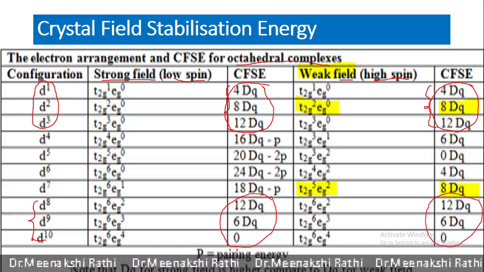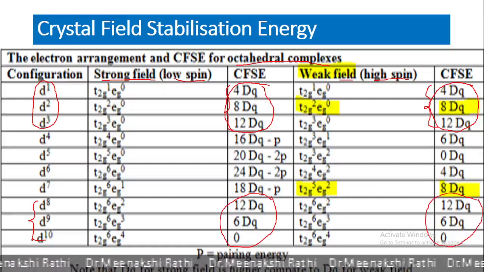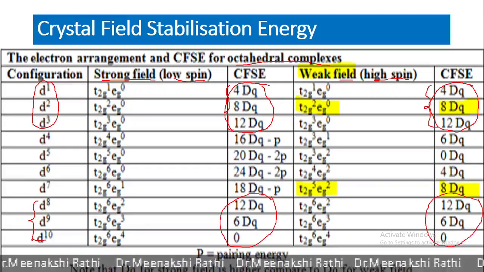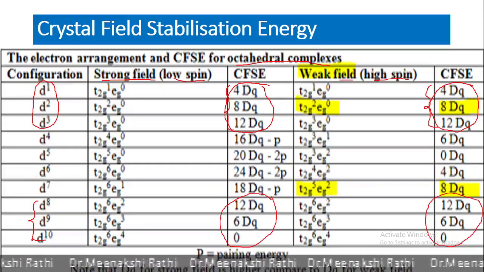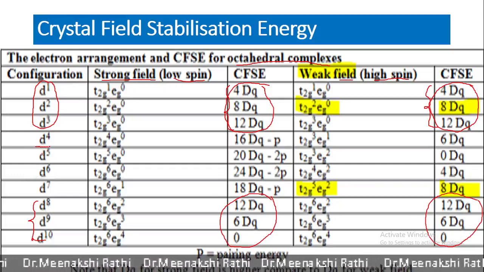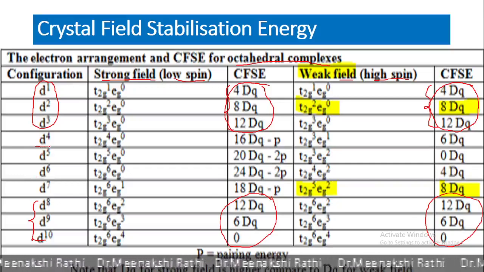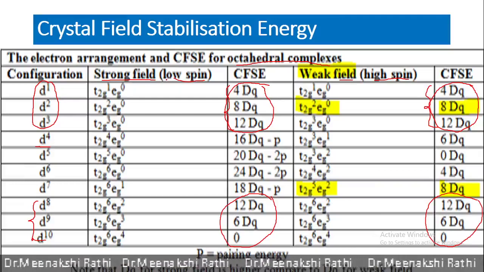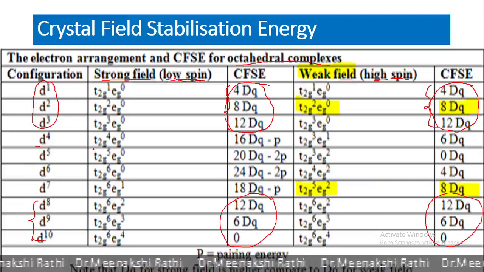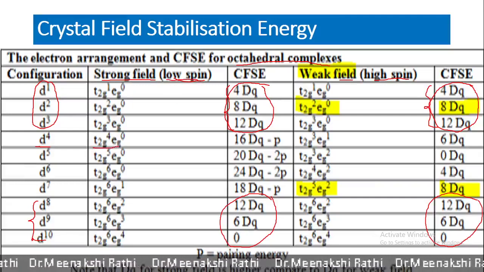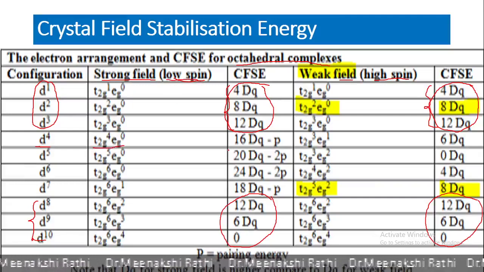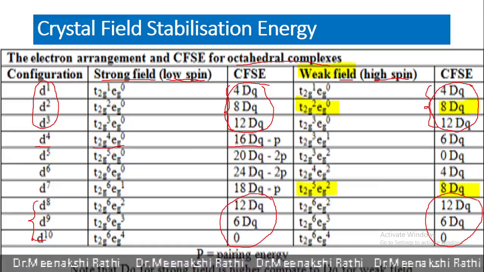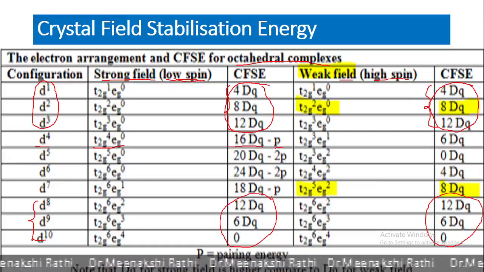You can find the difference only in case of d4, d5, d6 and d7. If there are 4 electrons in the d orbitals, then in strong field or low spin complexes they are arranged like T2g4 Eg0, and its CFSE after calculation you can find is 16 Dq with 1 electron pair.